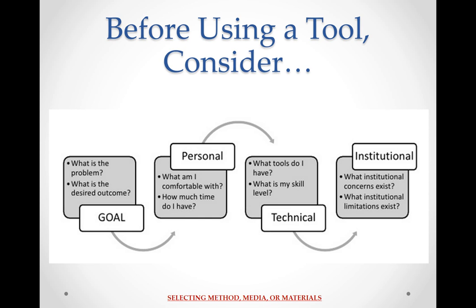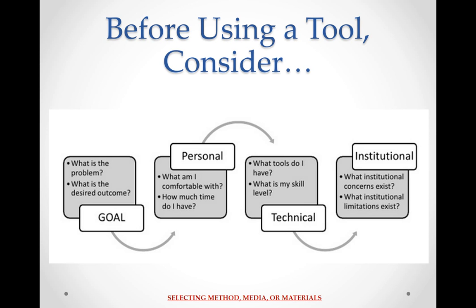And then you want to think about the institution. What concerns exist? What are some limitations, if any? There may be some policies where your institution doesn't allow you to use certain things. You may want to consider if you have iPads or iPods or something where your students need to connect to the wireless and the wireless does not exist, then that may be a problem.